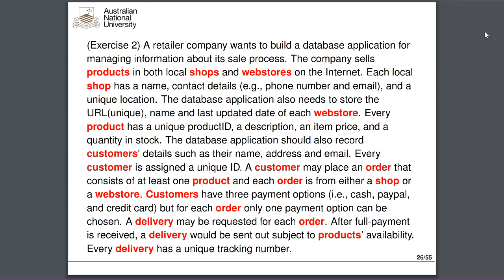And then the physical shops or the web stores are considered to be the subclasses. So those are weak entities. You consider it this way. Which one is more abstract, more higher level? Which one is more lower level? And then other entities like customer and delivery.